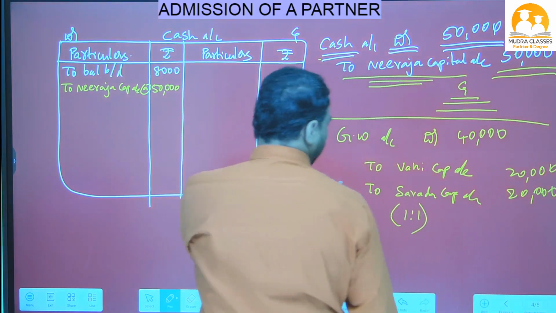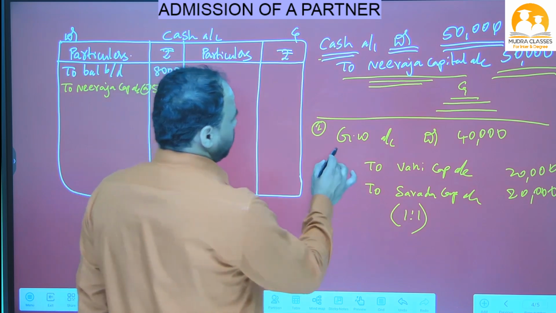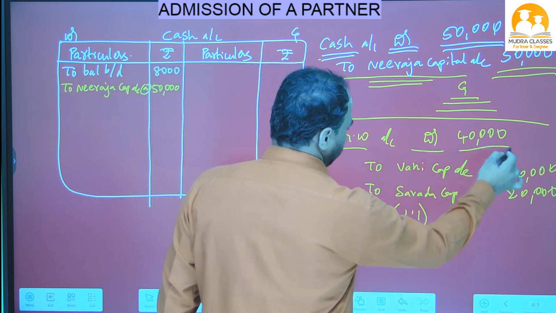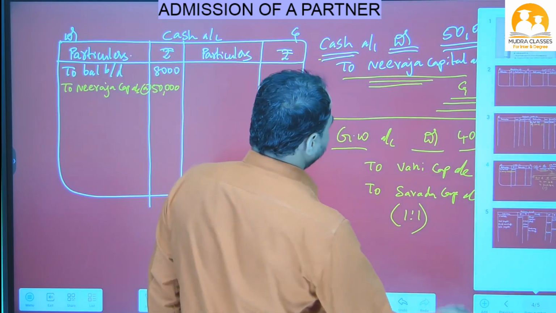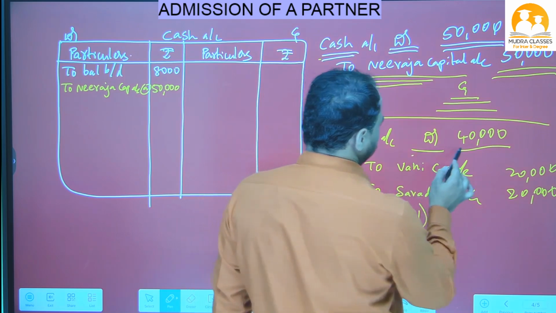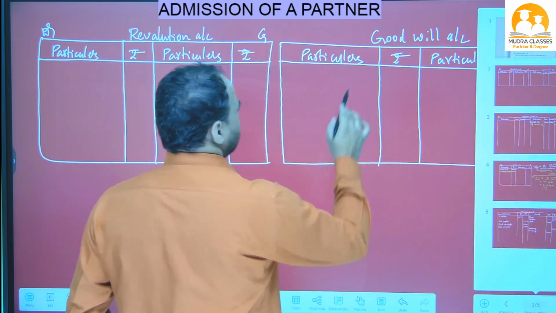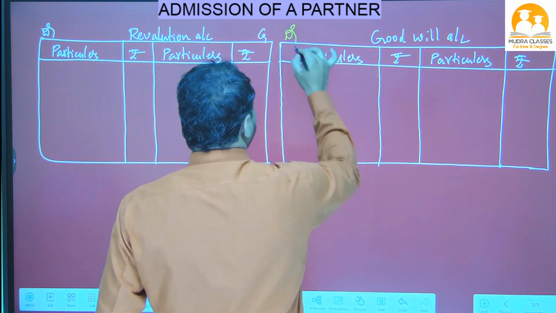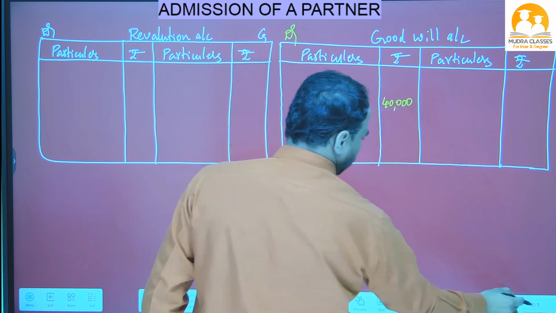Now this goodwill journal entry we have to post into the ledger accounts. How to post? Write in goodwill account, debit side, 40,000. So where is the goodwill account? Here we have it. Goodwill account, debit side, I wrote 40,000.